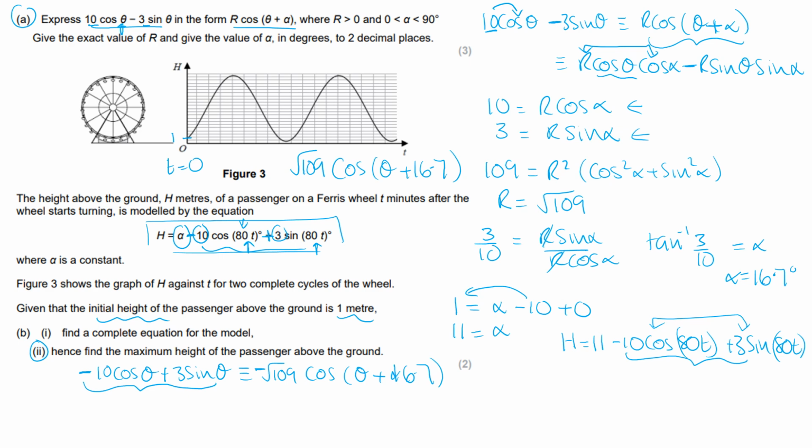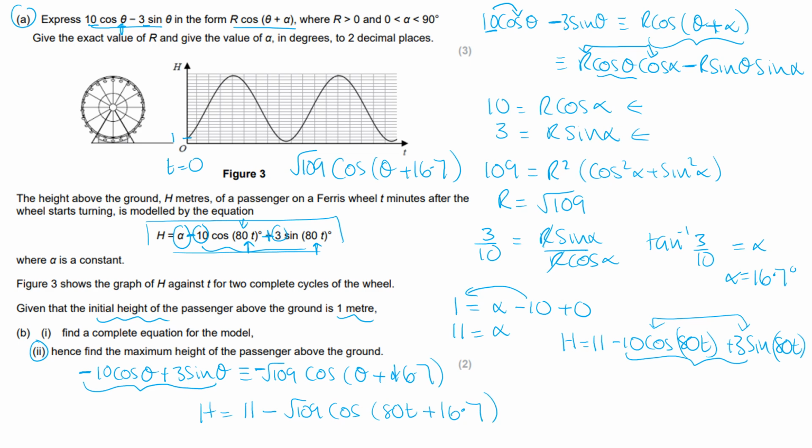So we can just replace that with h being equal to 11 minus root 109 cos of 80t plus 16.7.